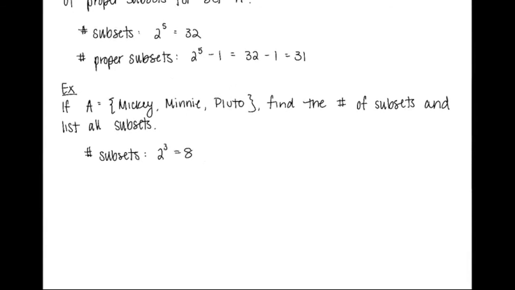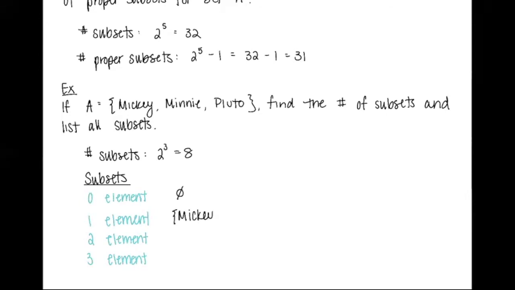And now we want to actually list them. So remember, I kind of like to go by number of elements. So 0 element subsets, 1 element subsets, 2 element, followed by 3 element. My 0 element subsets are just the empty set. My 1 element would be each one on their own. So Mickey, Minnie, and Pluto.